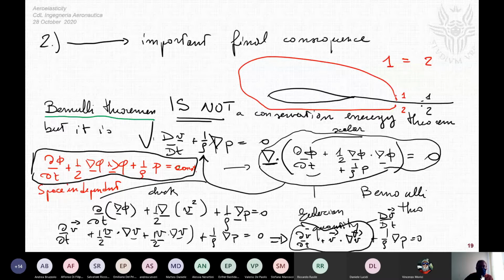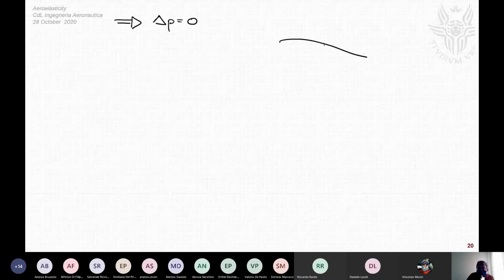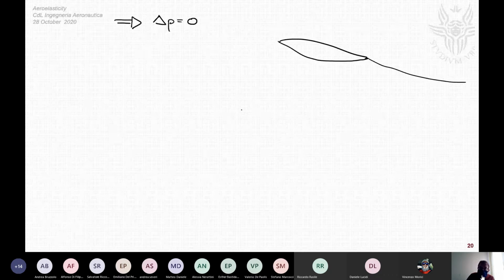Now I want to consider this number two consequence, delta P equal to 0, in the case of a potential flow, and by considering a point just above and below the wake.